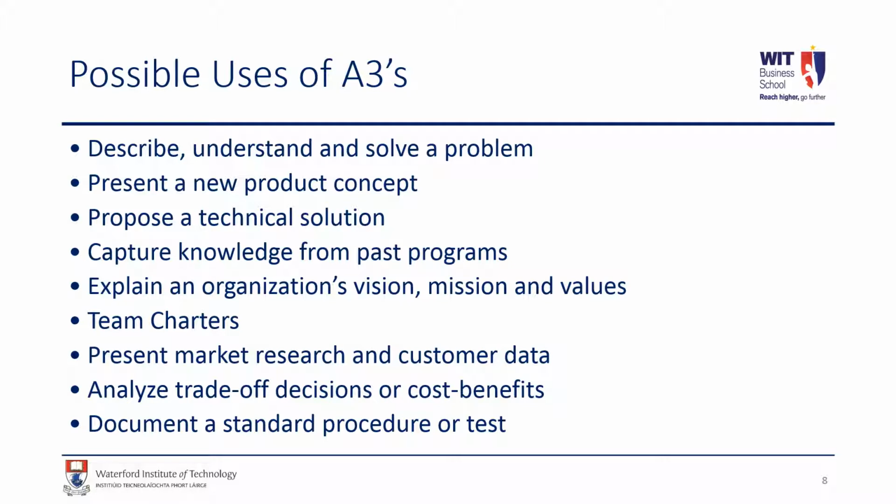So if one plant, let's say in Ireland, conducts an A3 on a particular manufacturing process, there's no reason why we can't share that knowledge across the entire manufacturing network. Certainly with similar plants that produce similar products or identical products to the plant in Ireland.